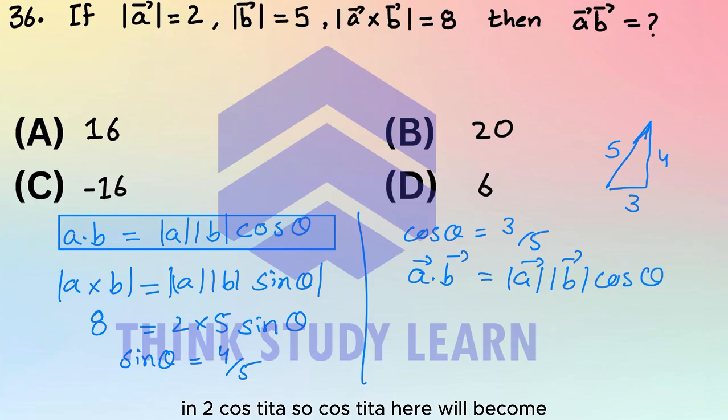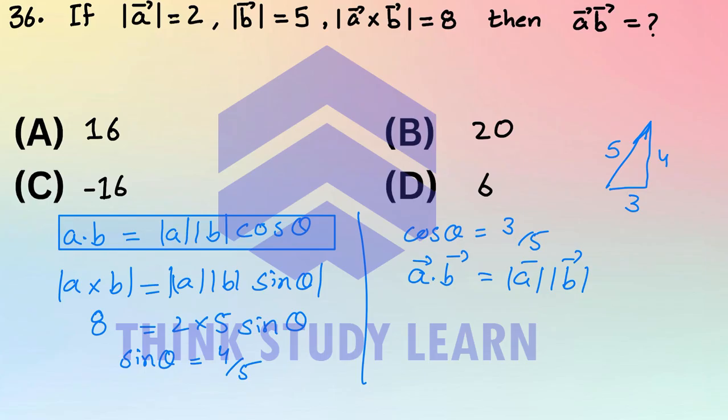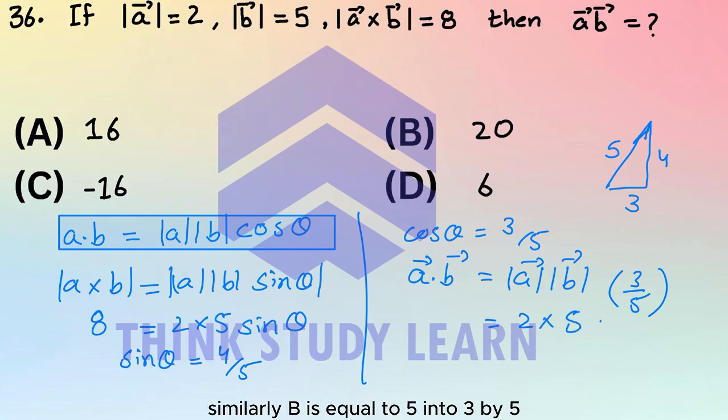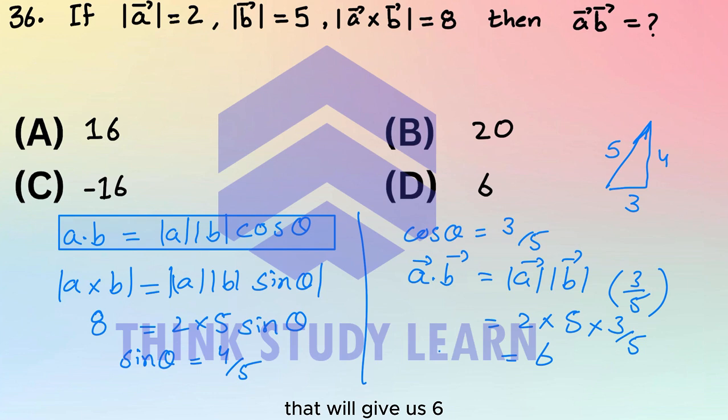So cos theta here will become 3 by 5, and A is equal to 2. Similarly, B is equal to 5, into 3 by 5. That will give us 6. So A dot B vectors is equal to 6. D option is the right answer.